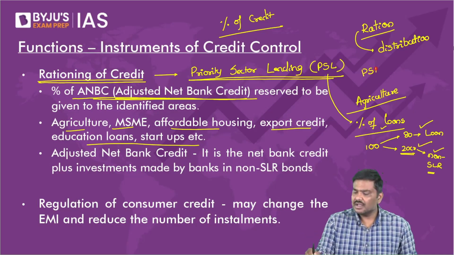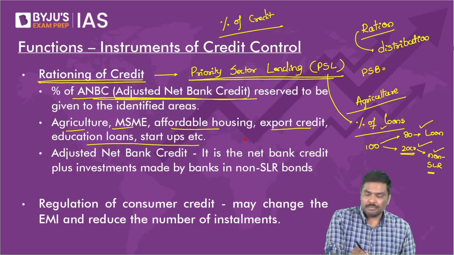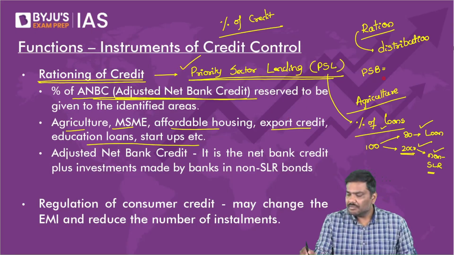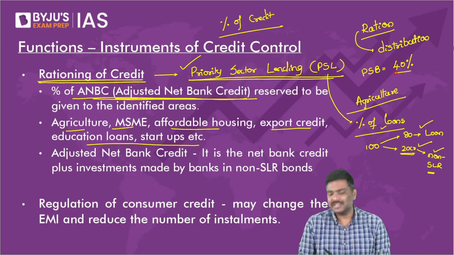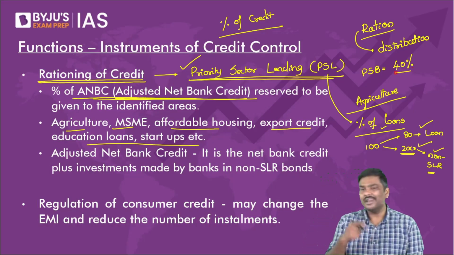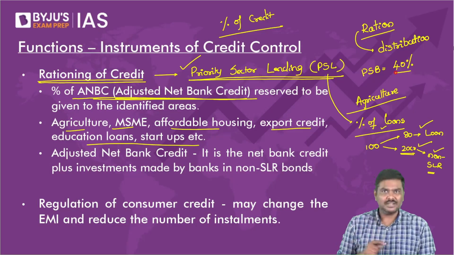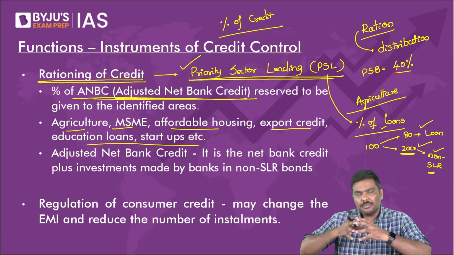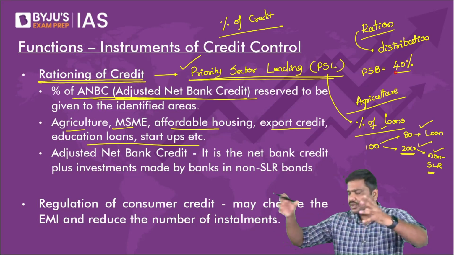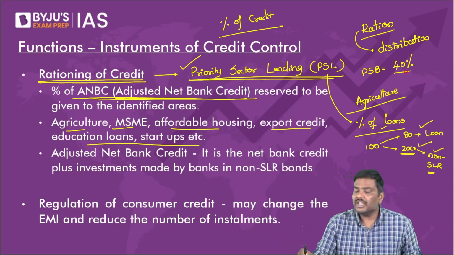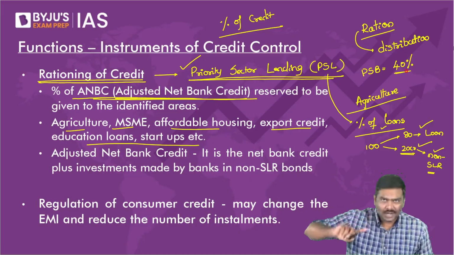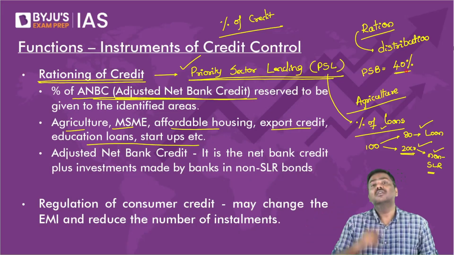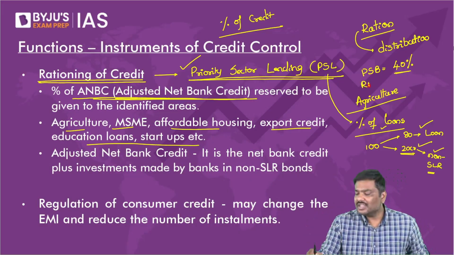For example, let's say public sector banks. For public sector banks, priority sector lending is 40%, which means in 1 year, if a public sector bank provides loans of, let's say, 5,000 crore rupees, out of that, 40% of the loans have to be given under PSL itself.